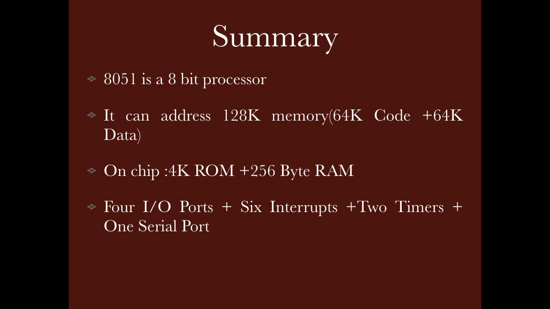There are 6 interrupts here, that includes reset as well. It has 2 16-bit timers. They can be separately operated in different modes, and it has one serial port which supports transmission and reception of serial data. The RAM which is there in 8051 is bit addressable as well as byte addressable.